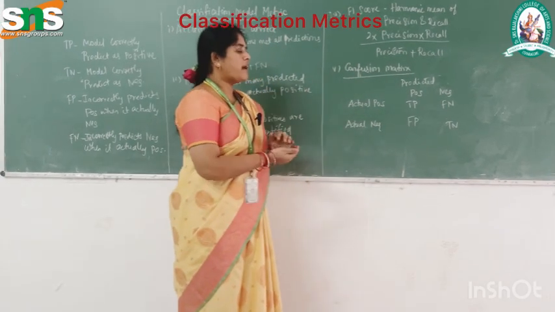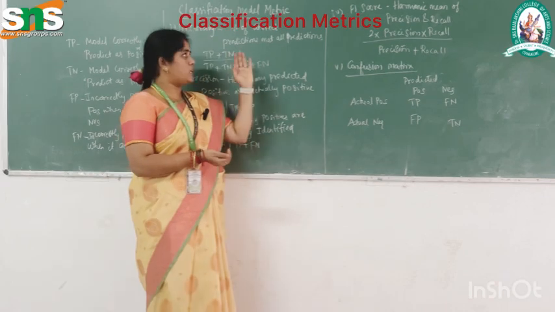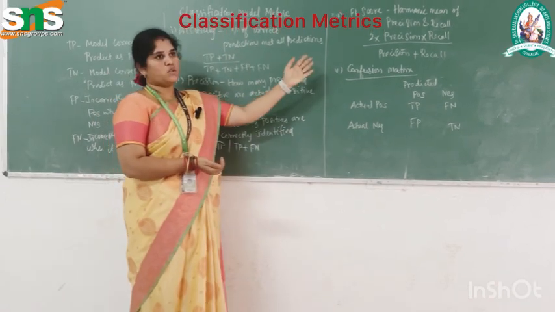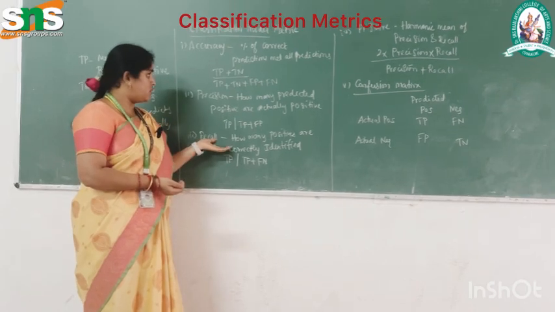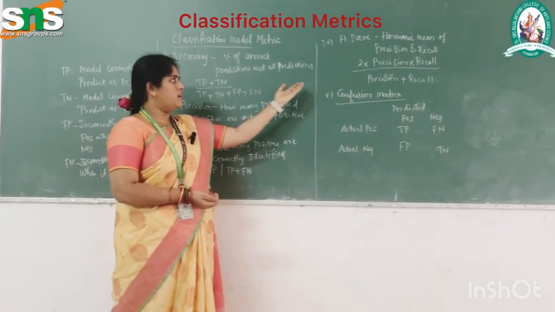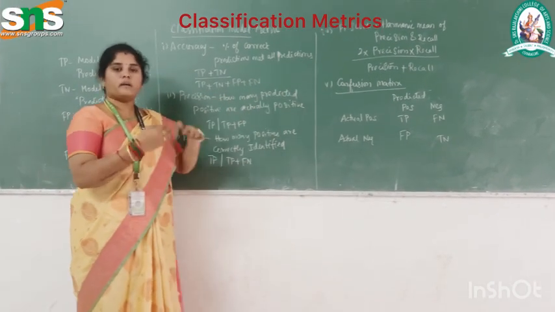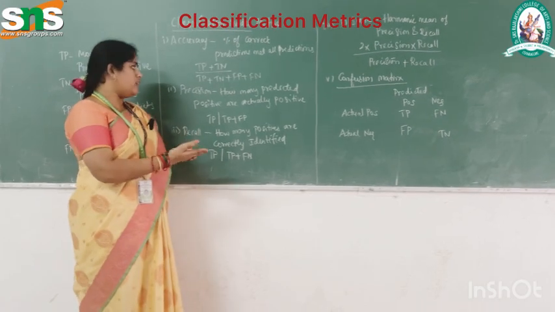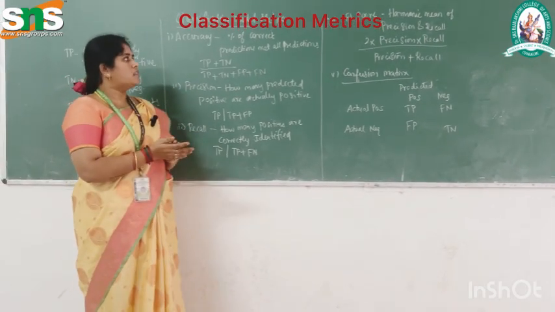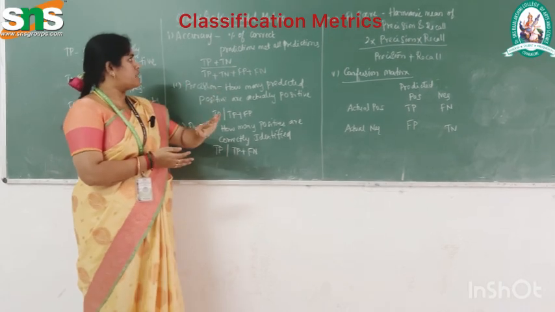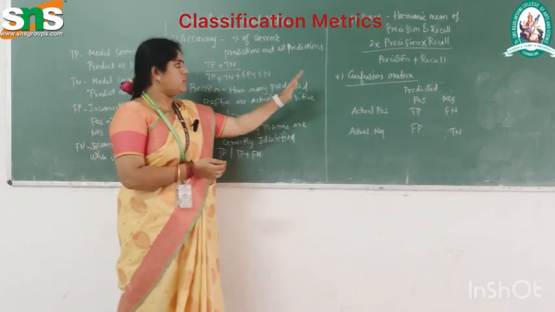Mostly we concentrate on accuracy and the F1 score. Why don't we focus on precision and recall? While calculating the F1 score, we mandatorily have to calculate precision and recall. So the main thing is that we need to calculate the accuracy and the F1 score.